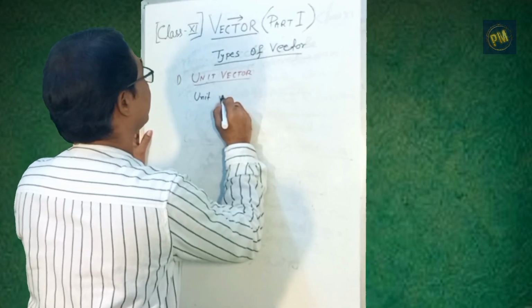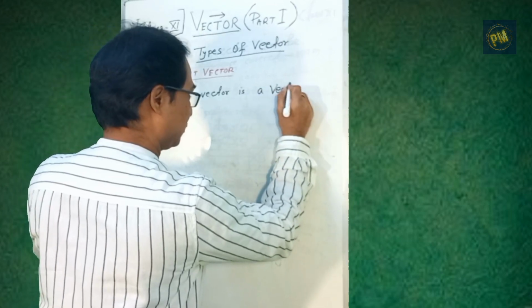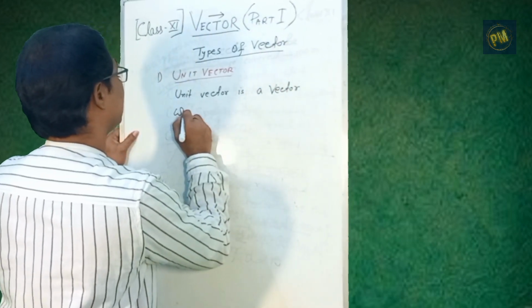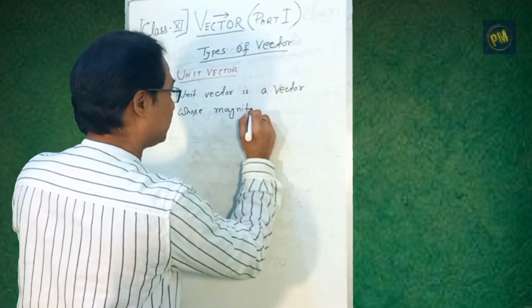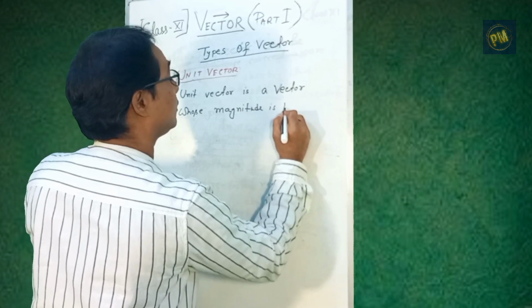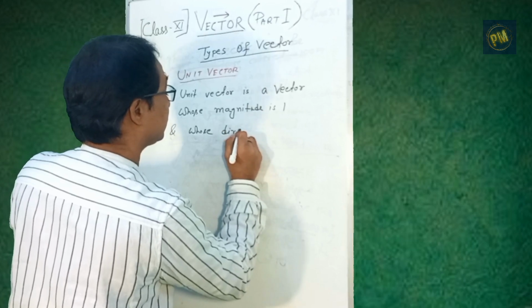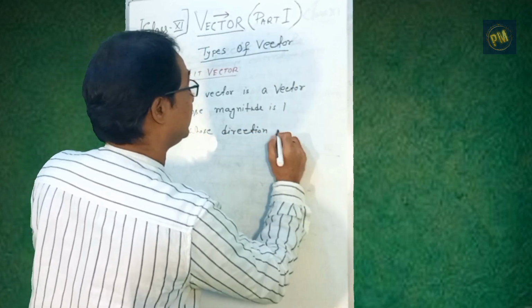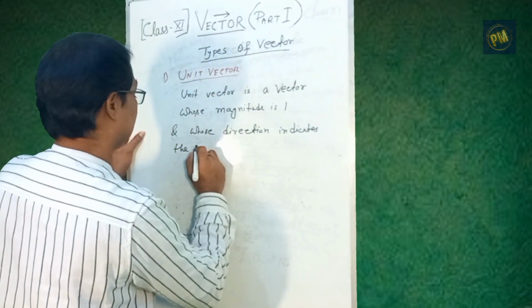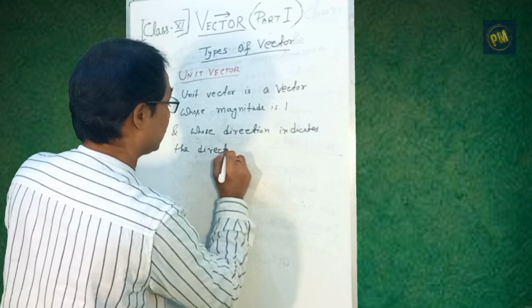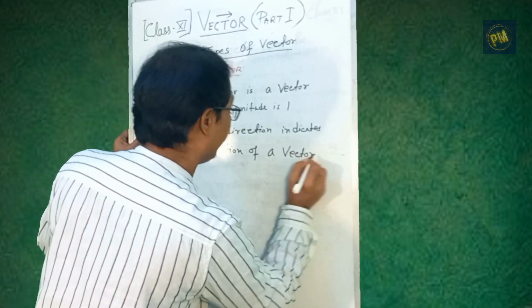Unit vector is a vector whose magnitude is 1 and whose direction indicates the direction of a vector quantity.